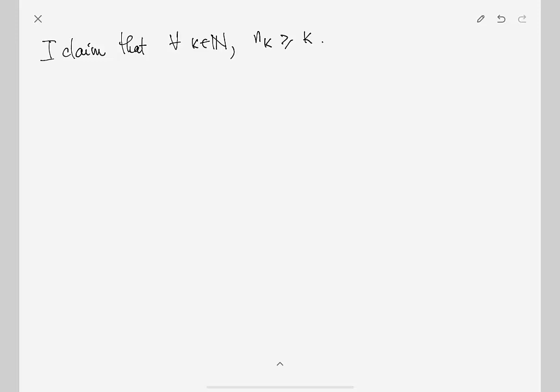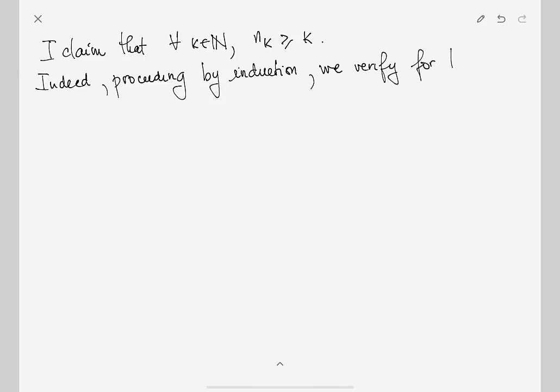So indeed, proceeding by induction, we verify for the base case that if k is 1, then clearly n sub 1, as n sub 1 is a natural number, and a natural number is at least greater or equal to 1.